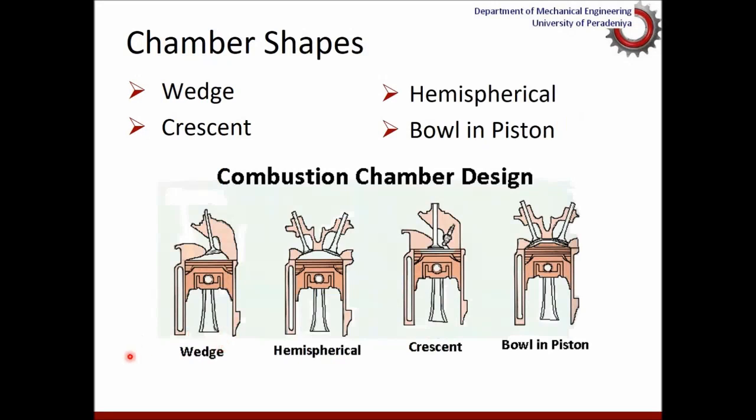So those are some of the most common shapes that we find in internal combustion engines. The wedge shape, which is very common in most engines, and sometimes the hemispherical shape, and the crescent shape where the piston has a bowl in piston to increase the squish, as well as, in the case of diesels, to consider it as a pre-chamber for the initial phase of combustion.